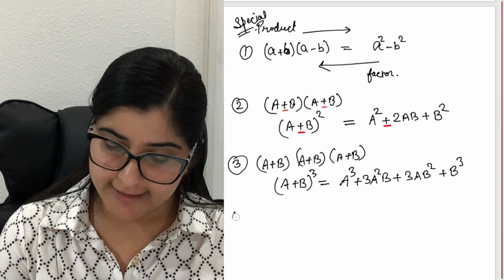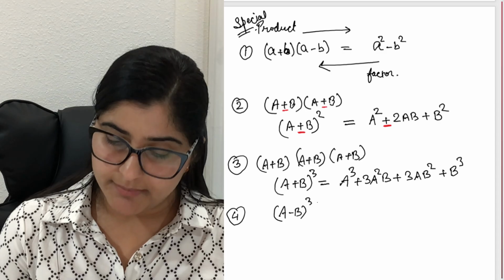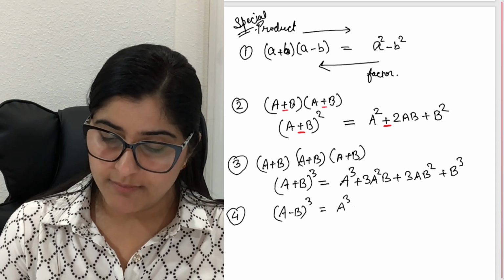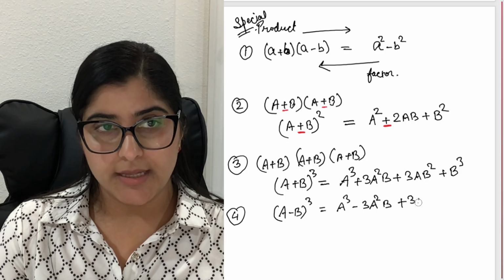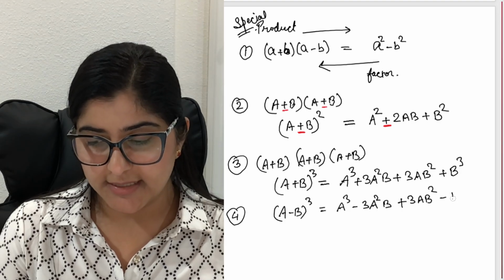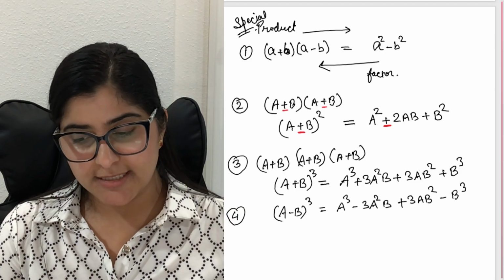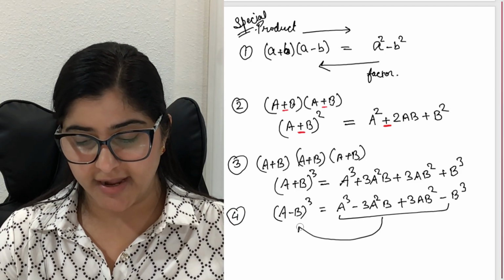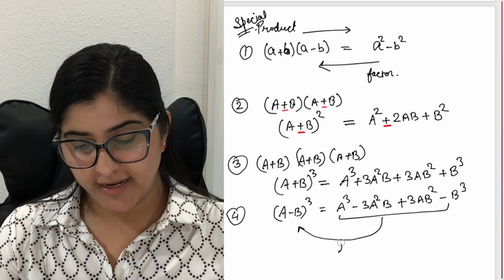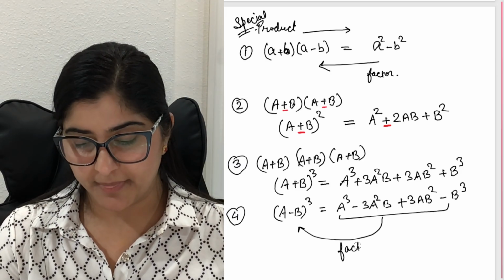And if you have a negative sign in the middle with the third power, we can expand this as a cubed minus 3a squared b plus 3ab squared minus b cubed. And this side is the product, and when you are given the expanded form and you are asked to find factors, you have the 3 factors, 3 copies of the same factor, a minus b.